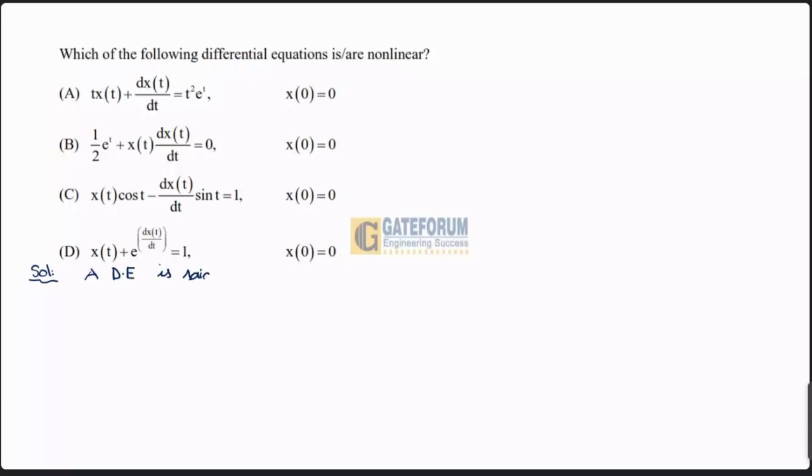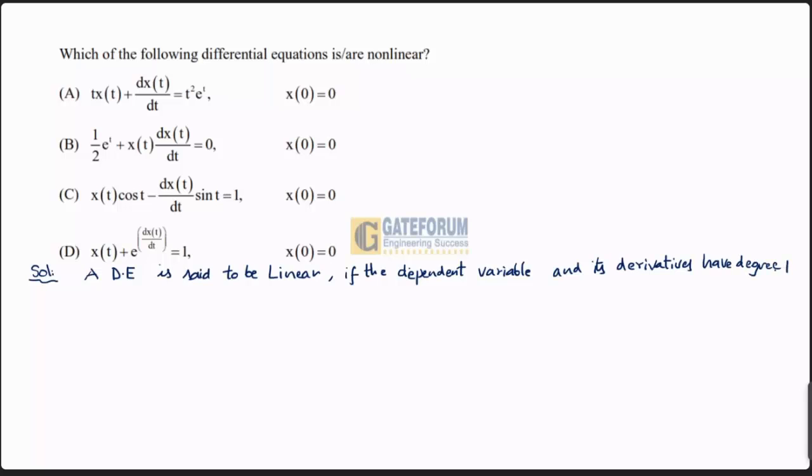DE is said to be linear if the dependent variable and its derivatives have degree 1 and these terms are not multiplied together.